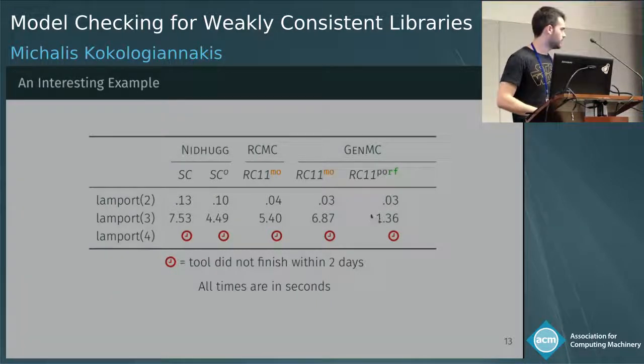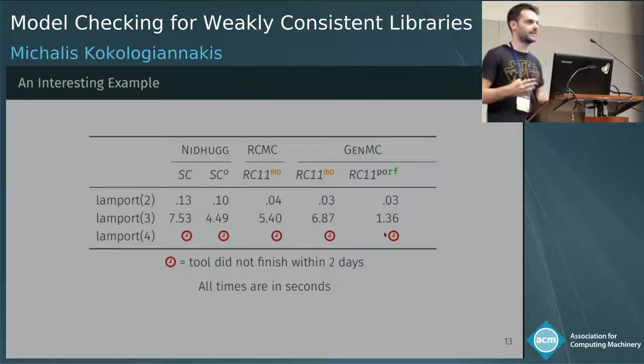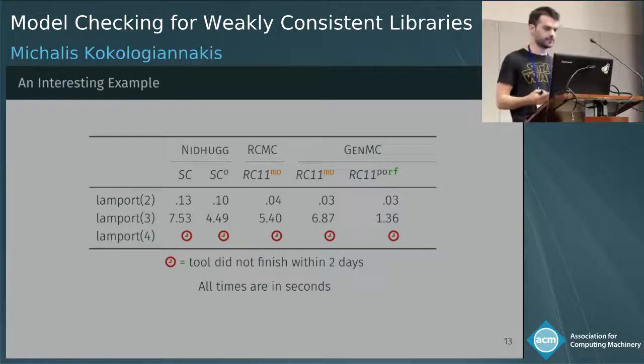But another thing to notice is that when we go from 2 to 3 threads or from 3 to 4 threads, for example, for 4 threads, no tool manages to terminate within 2 days. So the state space of this program increases rapidly.